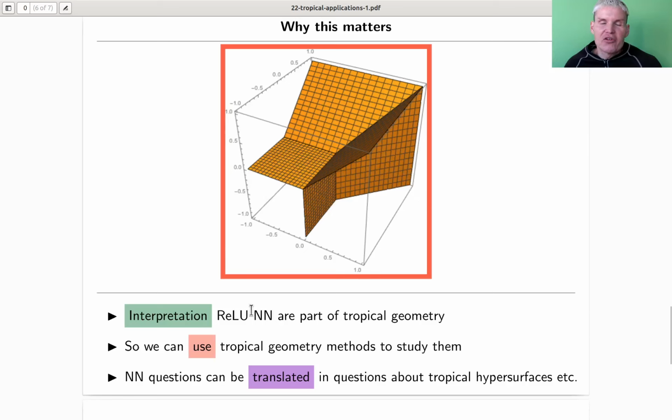You can just think of those networks as being part of tropical geometry, and of course then you get various different types of applications in artificial intelligence just by translating it into standard questions of tropical geometry, whatever, tropical hypersurfaces or something like that, some object like on the top here.